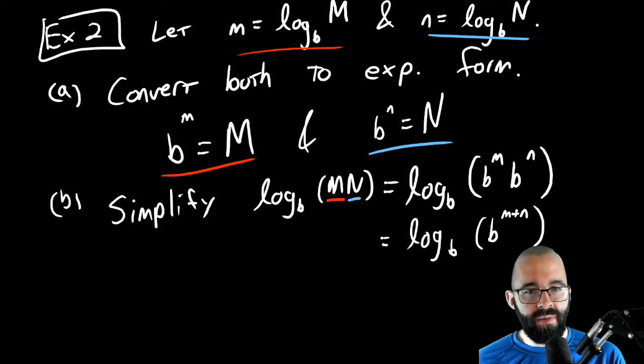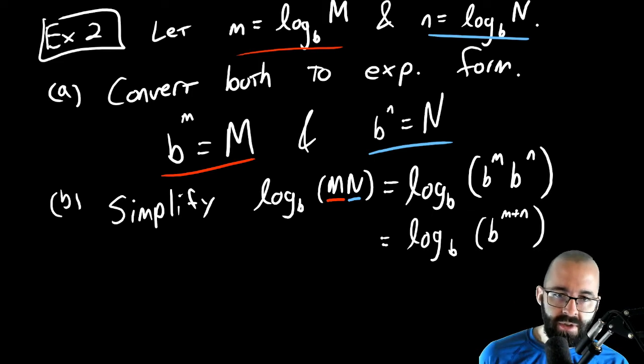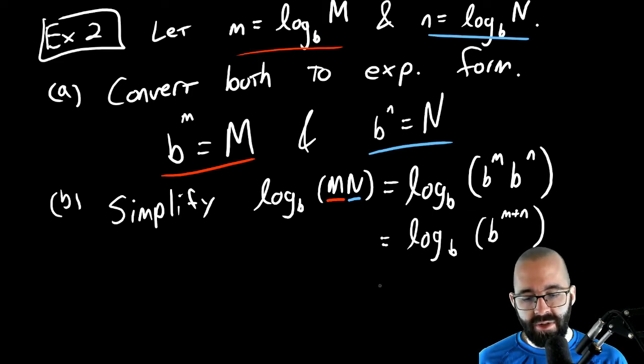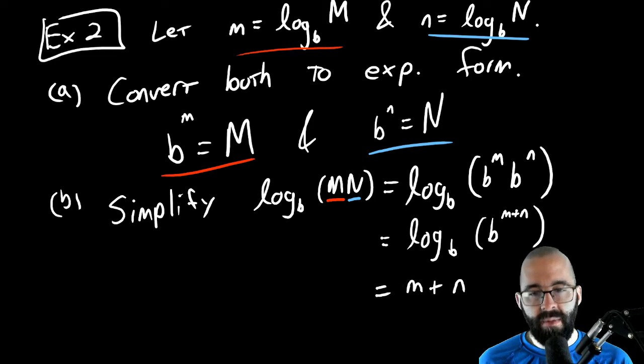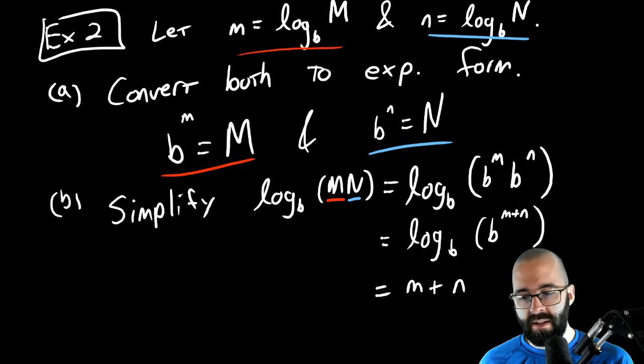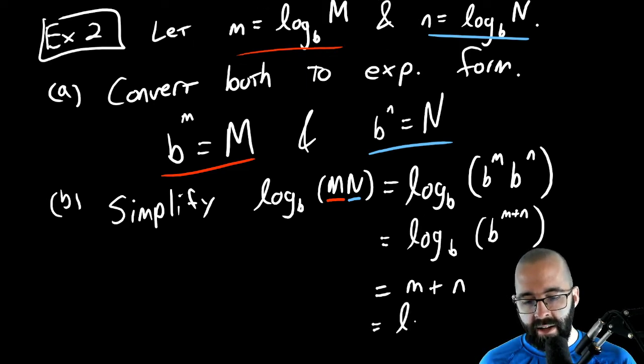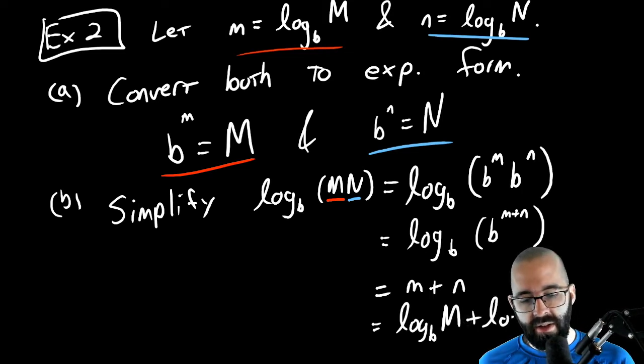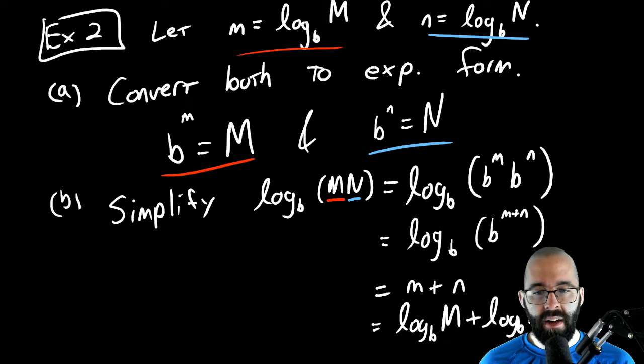The logarithm is the inverse of an exponential, so the logarithm of a single exponential is going to cancel, and we're just left with little m plus little n. What was little m? Little m was the log base b of capital M, and the log base b of capital N.